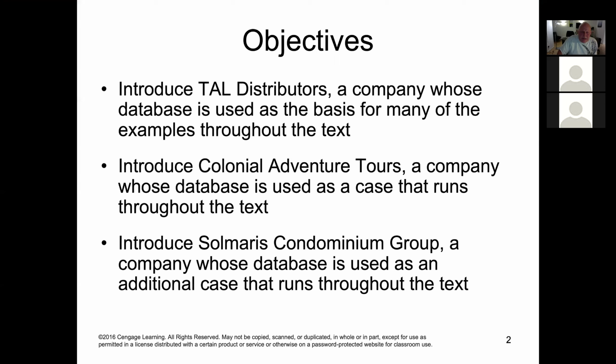TAL Distributors is a company whose database is used as the basis for many of the examples throughout the text. Colonial Adventures Tours is a company whose database is used as a case that runs throughout the text, and so is Solarius Condominium Group.